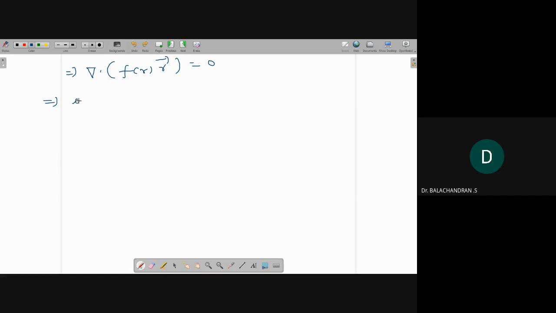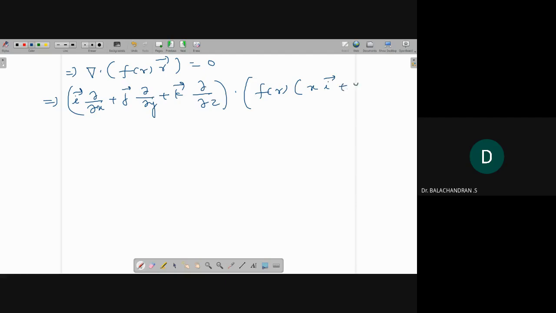Del is i vector into dou by dou x plus j vector into dou by dou y plus k vector into dou by dou z. This is del dot. The first method is I am going to write f of r into r vector. R vector is what? Xi vector plus yj vector plus zk vector equal to 0. So this is the first method.